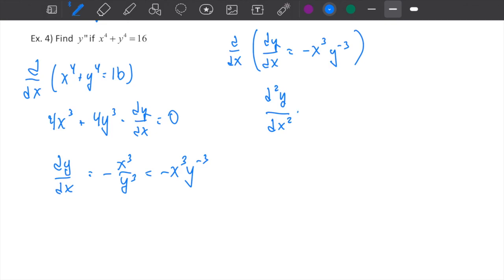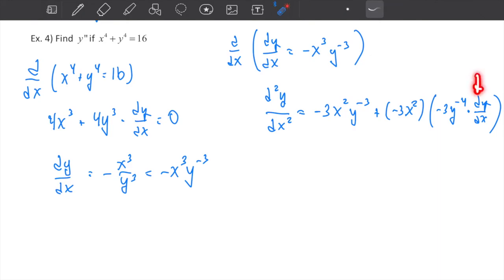The derivative of the first is going to be negative 3x squared, keeping the second the same, y to the negative 3. Add to that, we're going to keep first the same, negative x cubed, multiplied by the derivative of the second, which is negative 3y to the negative 4, multiplied by dy dx. Now, dy dx, we know what that is. dy dx is equal to negative x cubed times y to the negative 3.